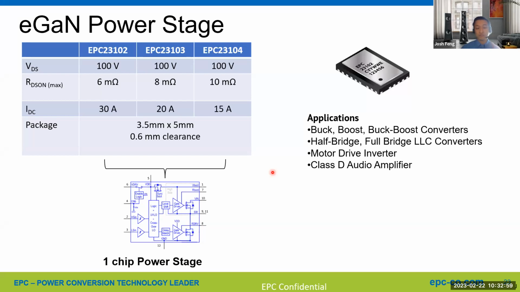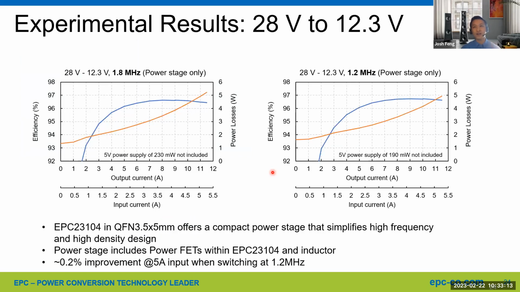So you don't have to worry too much about the entire external layout. This is definitely friendlier for higher switching frequency. Here I want to share our experiment result, for example, taking a 28 volt input from a PD down-converted to 12 volt, in a notebook in this particular case.